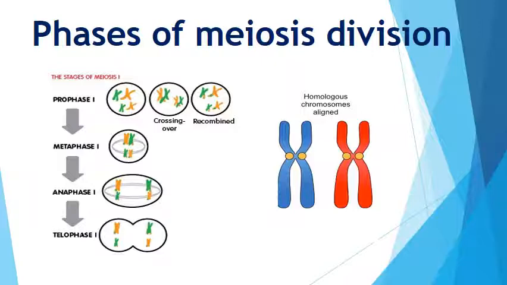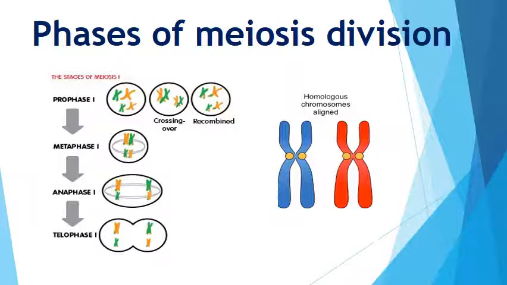So in prophase 1, at the beginning, the chromatin reticulum condenses, forming long, thin, double-stranded chromosomes, and the chromosomes are arranged in homologous pairs, which is called a tetrad.